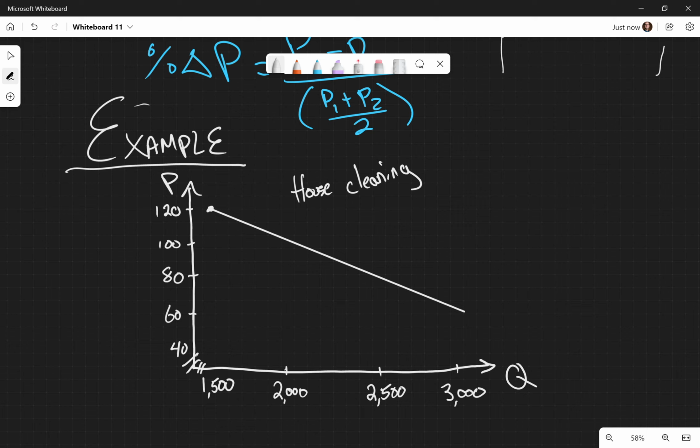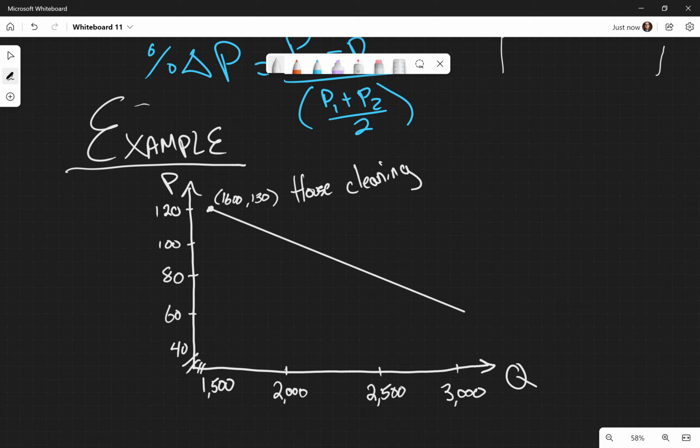So the first point that we have is a price of 130. And since my price is on the y-axis, I'm going to say that second, just to keep with that XY convention. And the quantity demanded is going to be 1,600. So at $130 a house, there's 1,600 house cleanings demanded in Chadron every month.